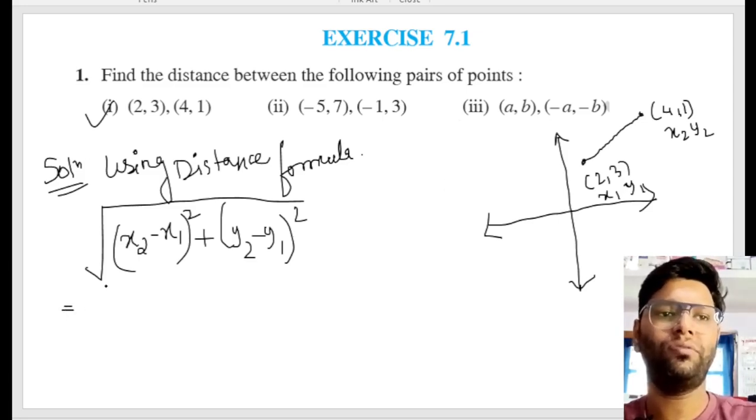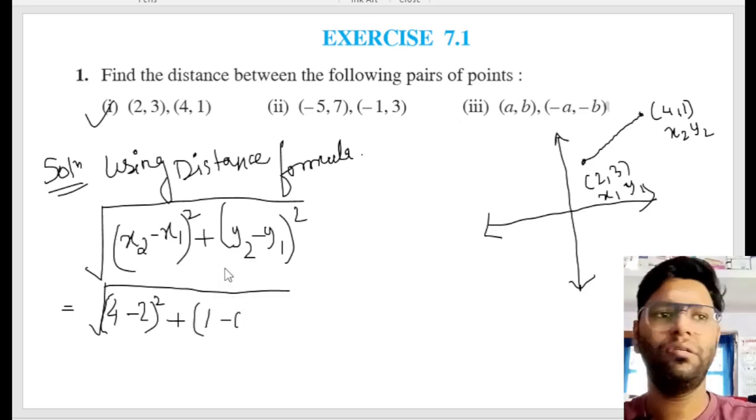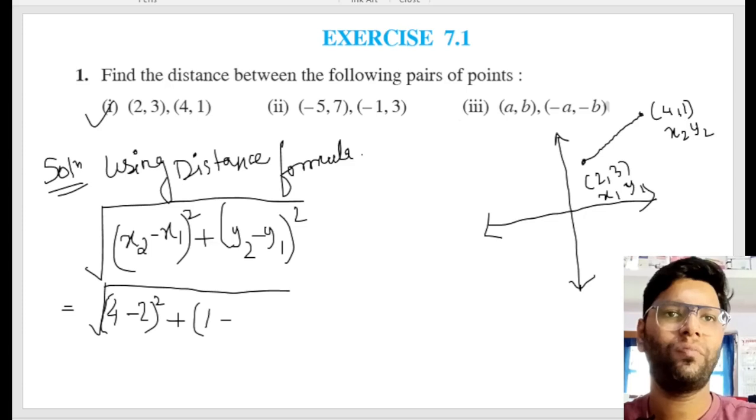Here our x2 is 4, so 4 minus x1, which is 2, gives (4 minus 2) whole square, plus y2 minus y1, that is (1 minus 3) whole square.